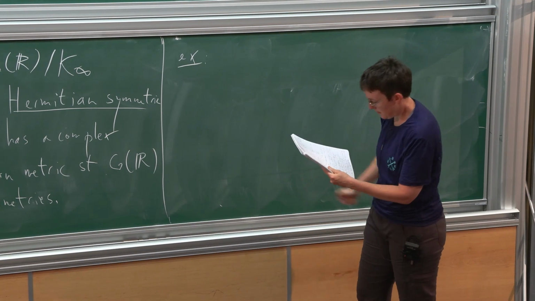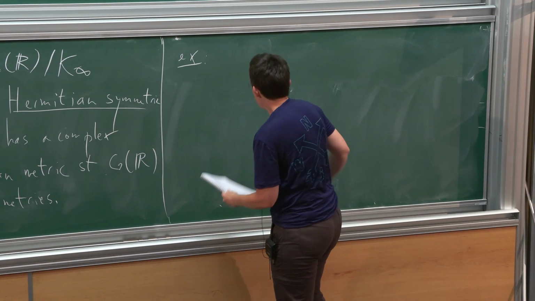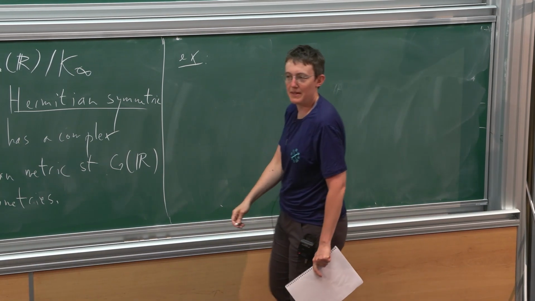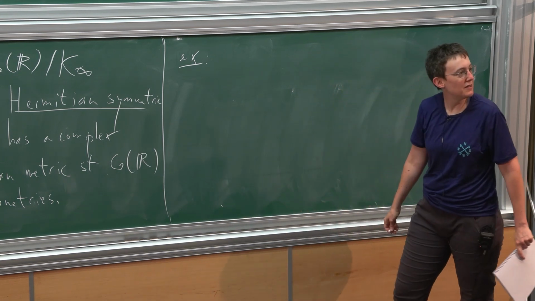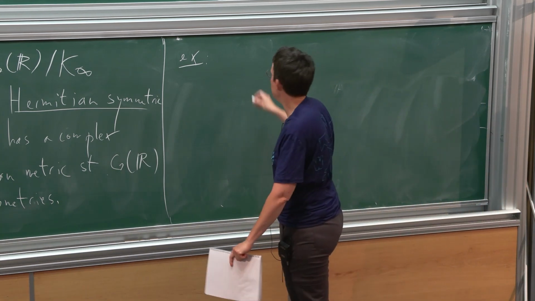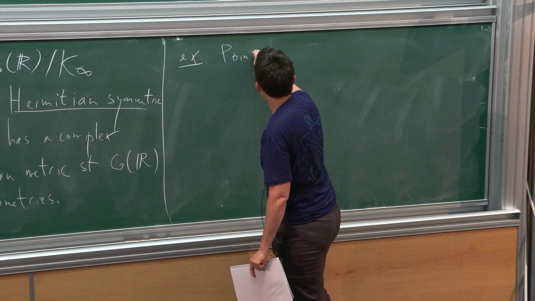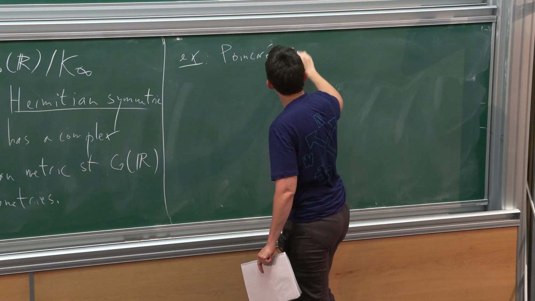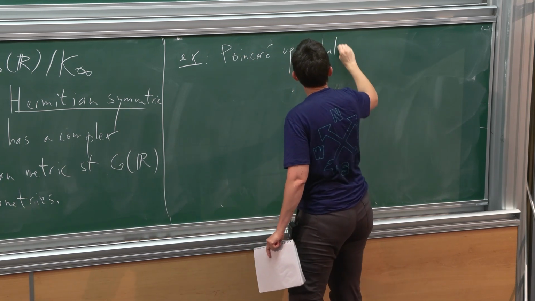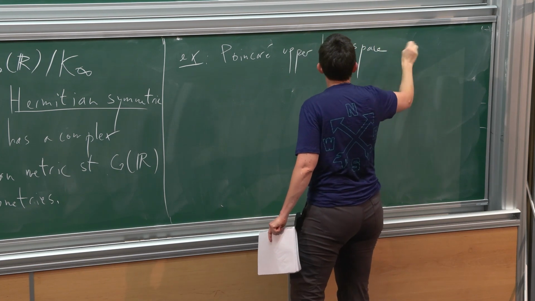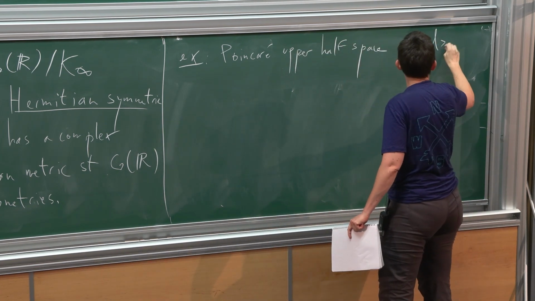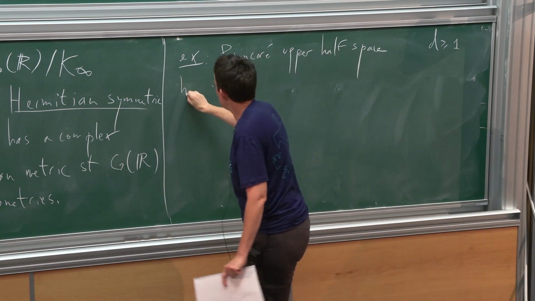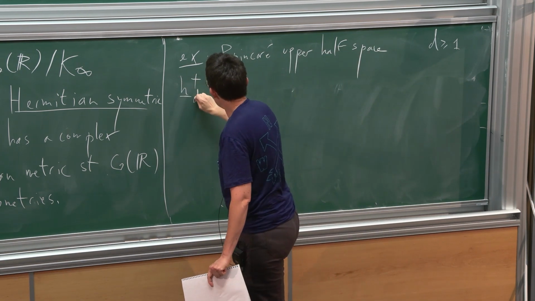Okay, so the basic example of that is the Poincaré upper half plane, but let's do a higher dimensional example. So the Poincaré upper half space: d is a positive integer, and this is H_d^+.